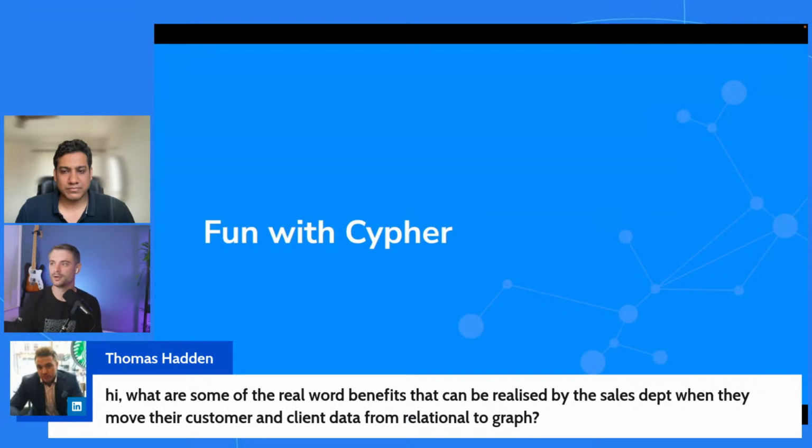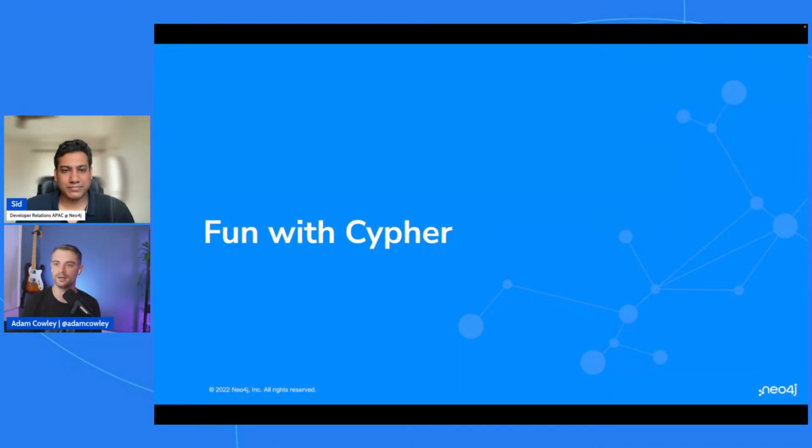You're using the connections between customers and products to provide recommendations, or upsell and cross sell. These are the kind of things that really benefit from graph databases, and providing these things in real time can definitely be a benefit.